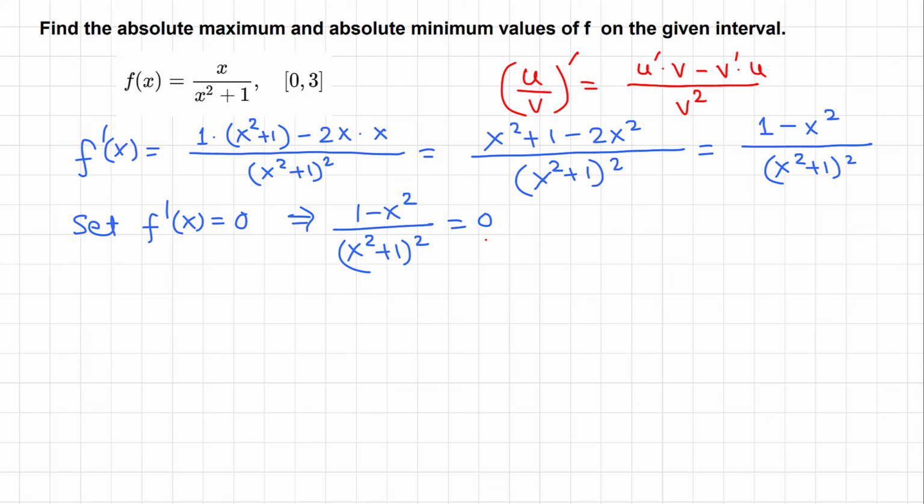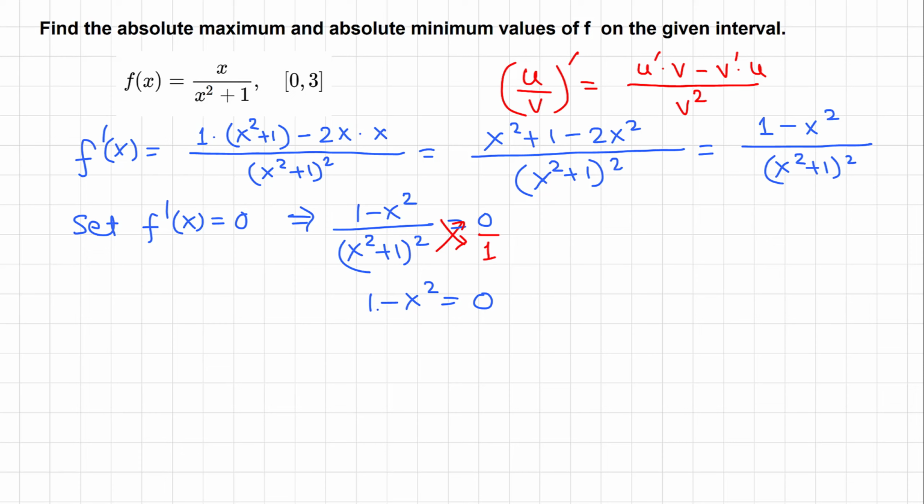Note that 0 can be written as 0 over 1. Then we have only one fraction on the left and one fraction on the right side, so we can do cross multiplication. So this bottom times 0 will be 0, so top is 1 minus x squared times 1. So 1 minus x squared equals 0.